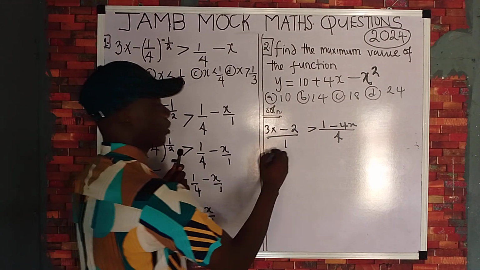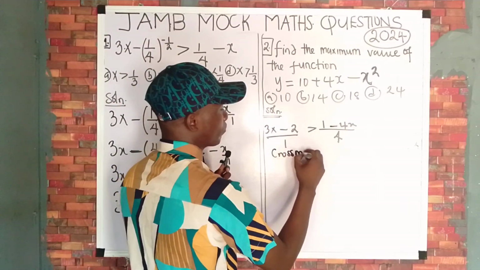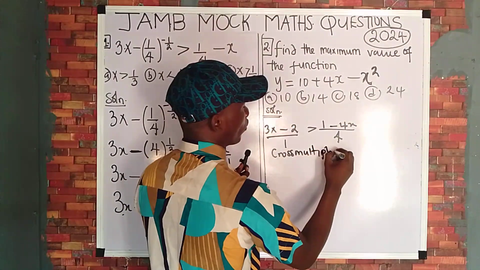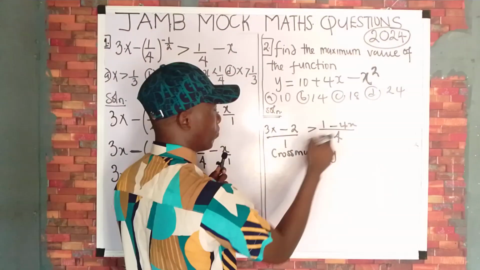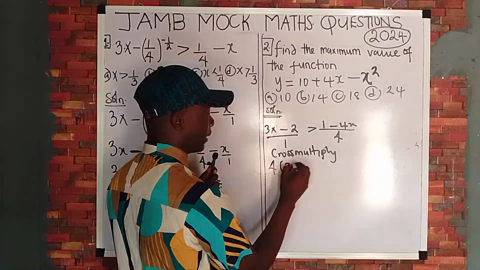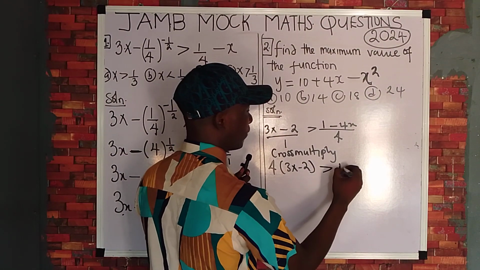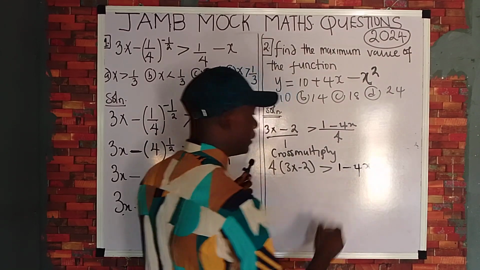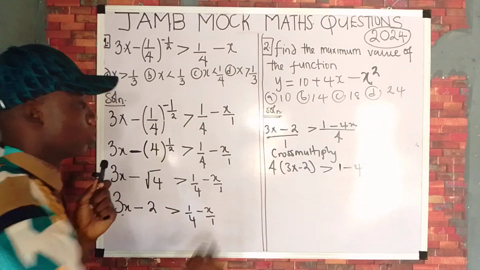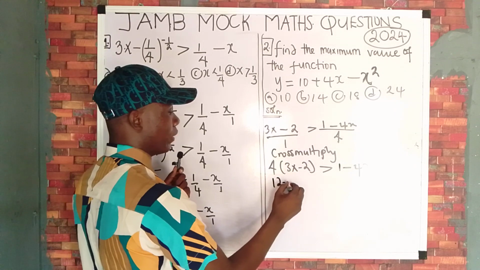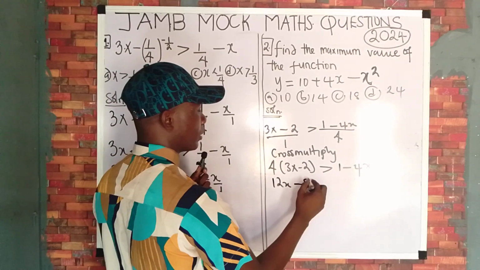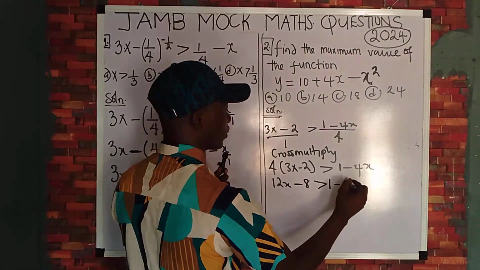Now let's quickly cross multiply. If you cross multiply, 4 will multiply this, so you have 4 bracket 3x minus 2 greater than 1 minus 4x. The 1 multiplying gives the same thing, so there's no need writing the 1. So this times this will give us 12x, and this will give us minus 8 greater than 1 minus 4x.